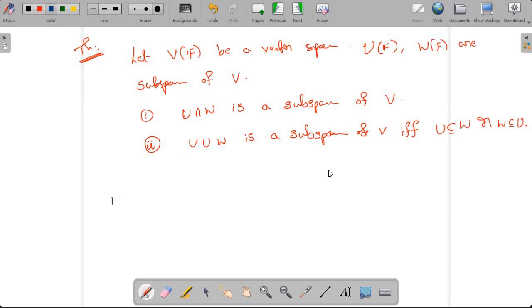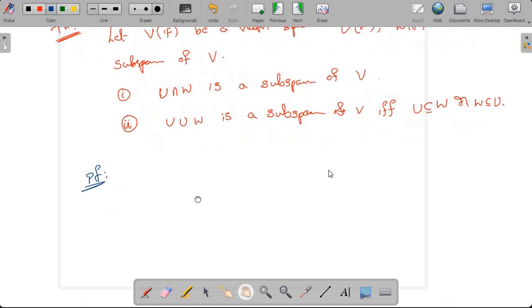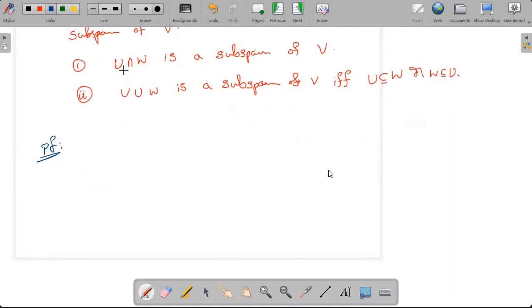Okay, so proof is very easy for the first one. Of course, for the second one also easy. You do one thing. We want to prove that U intersection W is a subspace, right? So you start with two elements in the intersection. Let me use V only.